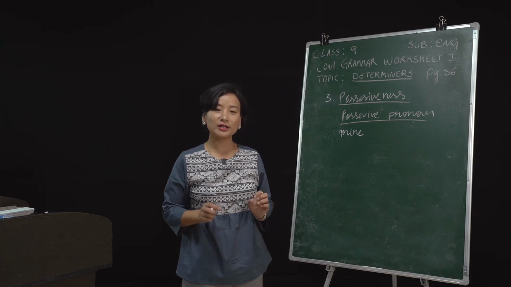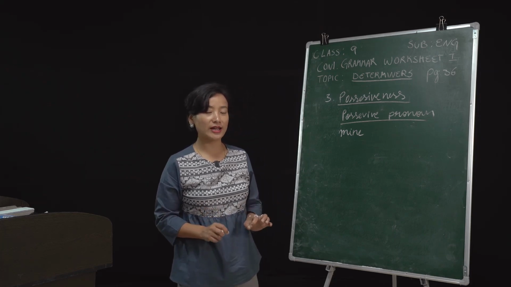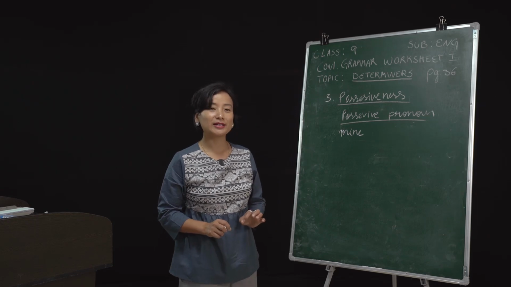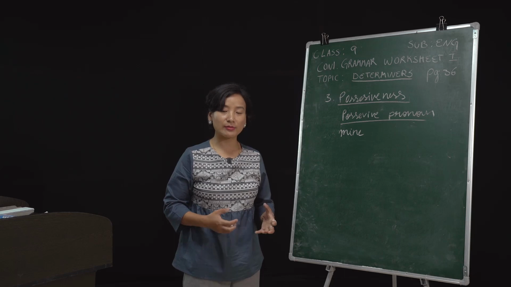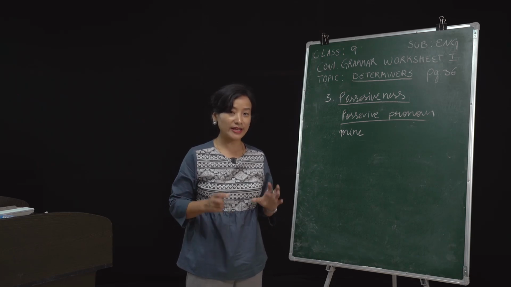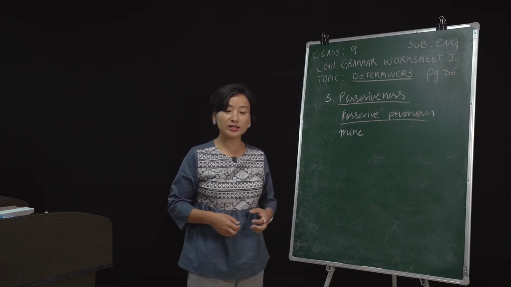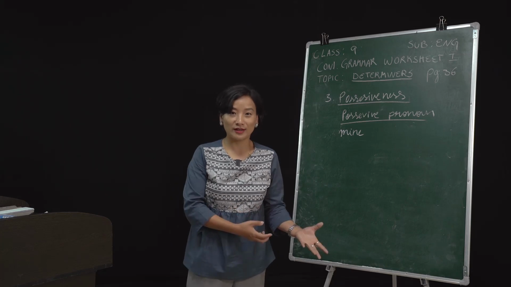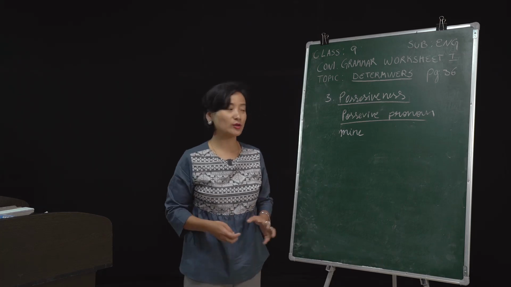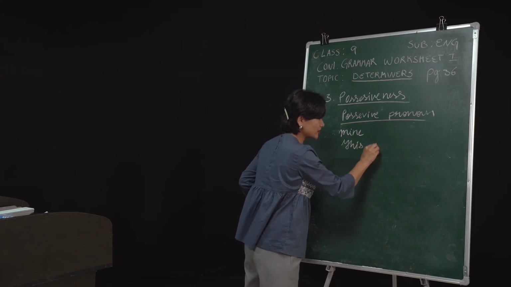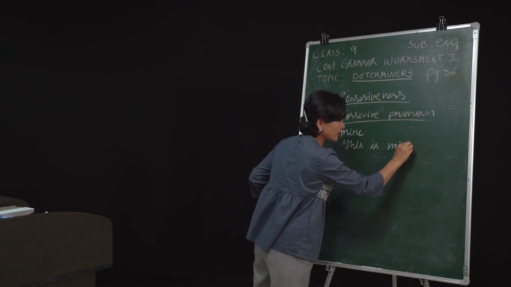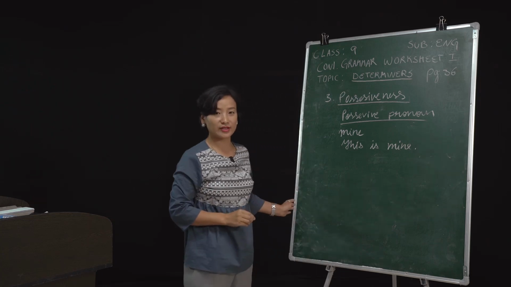Let me tell you, I'm sure you don't use that since you're in class 9, but we usually make the error of saying this is my one. That is wrong, all right? We do not say, this is my 2, this is my 3. You know, we do not say like that. So the correct way to use this is mine, and that itself will suffice, all right?